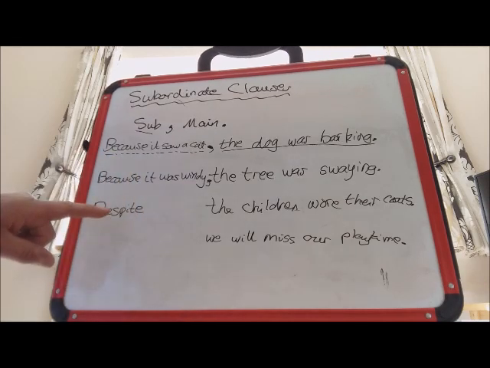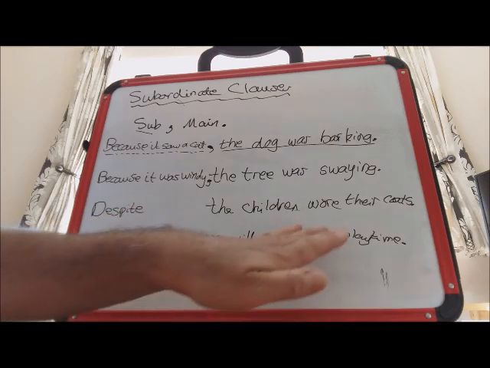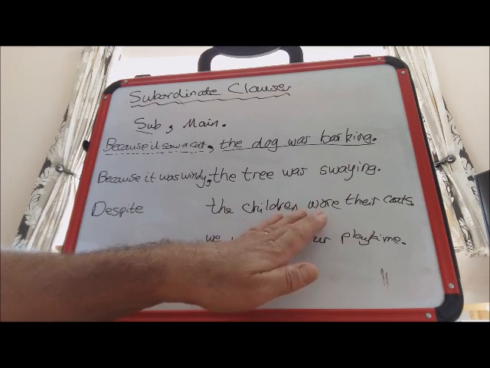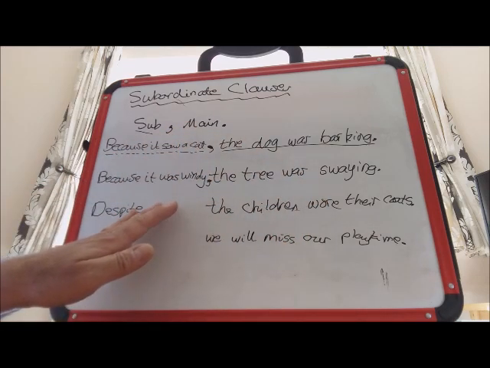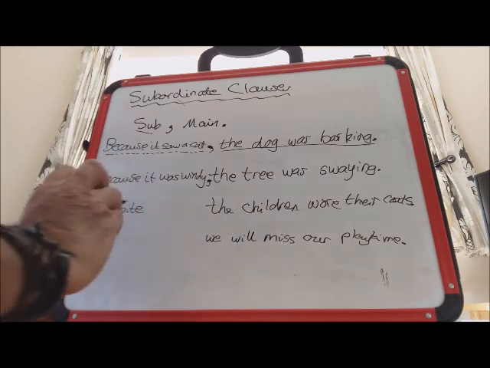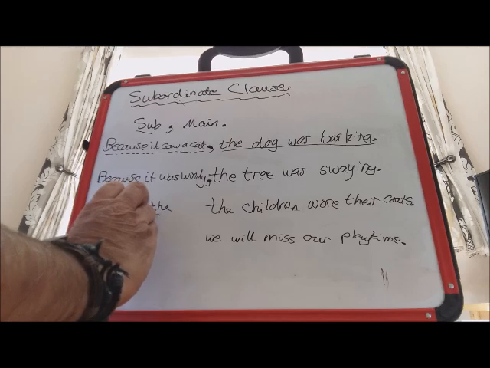Now remember, despite means what we write in the subordinate clause is kind of different to what happens in the main clause. So children wearing their coats, that would suggest good weather or bad weather? Yeah, bad weather. So let's suggest here good weather. So despite the good weather, or despite the sun being out and very hot, or despite it being hot, despite the sunshine is a good one. So despite the sunshine.